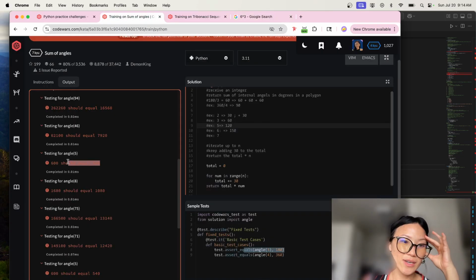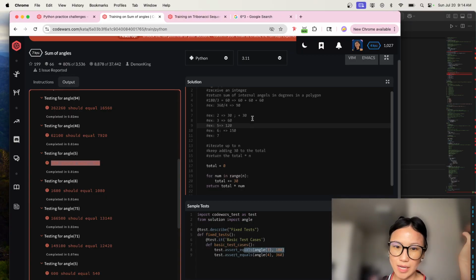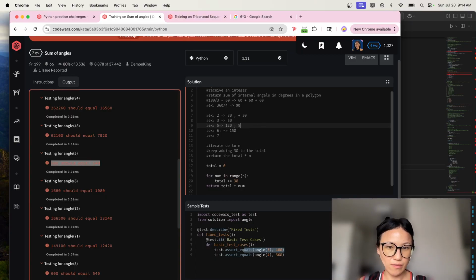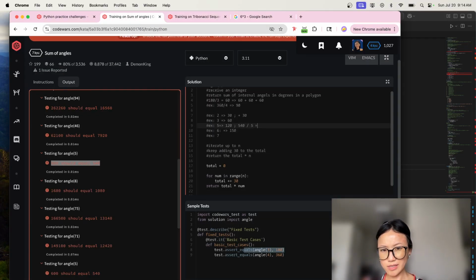So 600 should equal 540. Okay, so you're saying this should equal 540 divided by 5. What's 540 divided by 5? 108. So n is equal to 108.